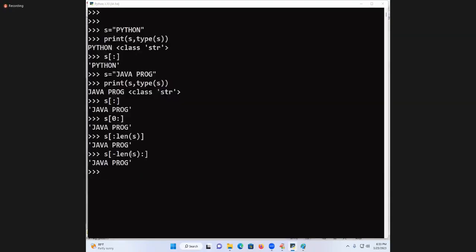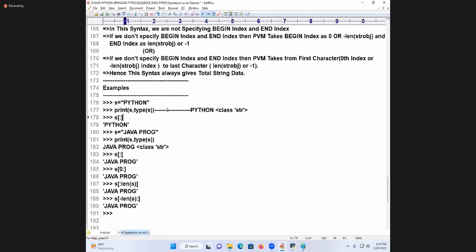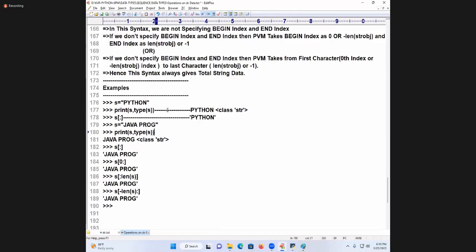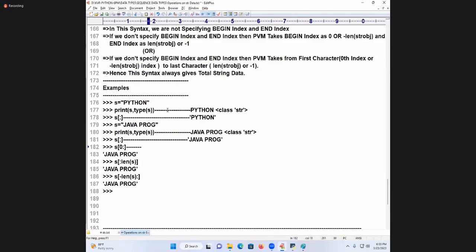Very frequently asked question. Now I am going to keep this data and follow me carefully. So here data is like this. Coming to this point, Java PROC, and also Java PROC.